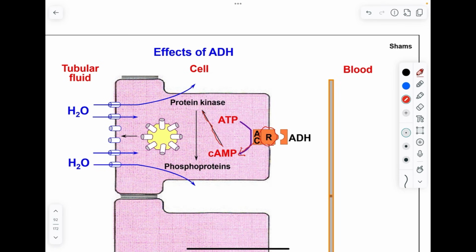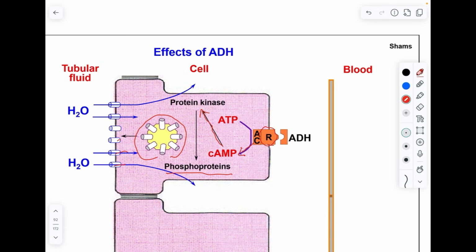Cyclic AMP activates protein kinase. Protein kinase phosphorylates the aquaporins, which are the channels for water. And these aquaporins are already there, but when they are phosphorylated, they are put into the membrane. And now water reabsorption happens.